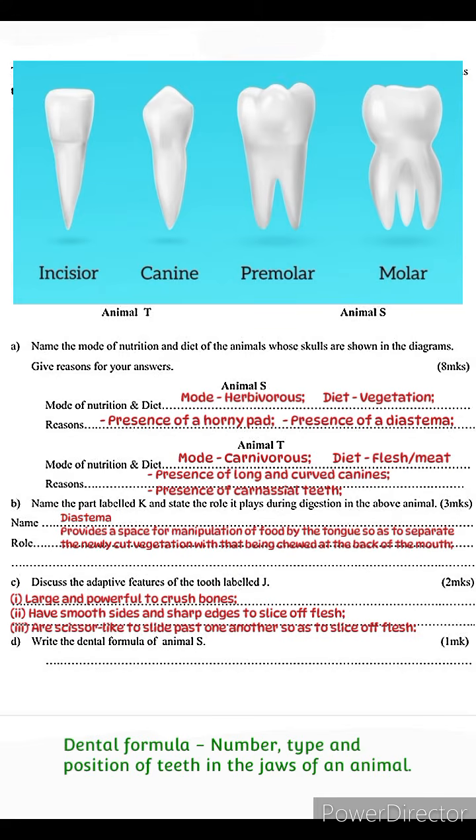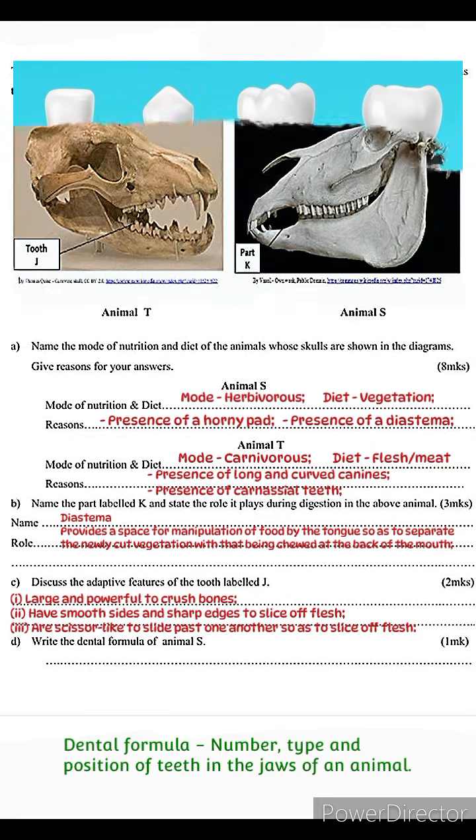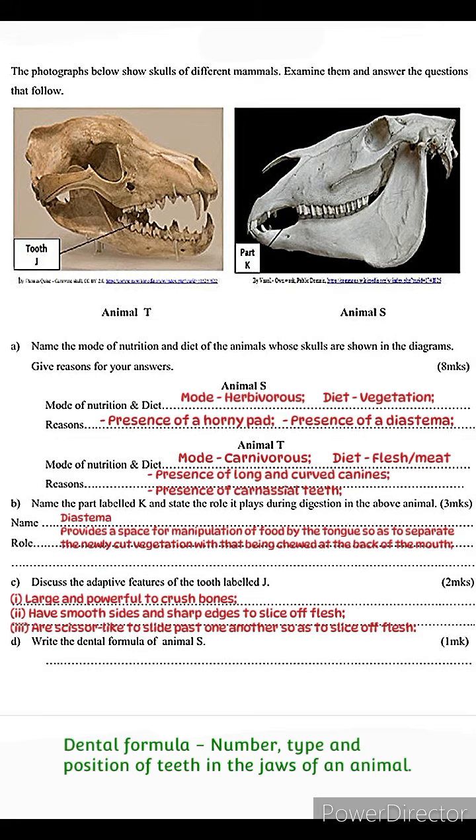Now, a dental formula should always include these 4 teeth. Now, these teeth are represented by their first initials. So, you have an I representing the incisor, a C for the canine, PM for the premolars, and lastly M standing for the molars. Now, apart from the type, it also indicates the position of teeth.